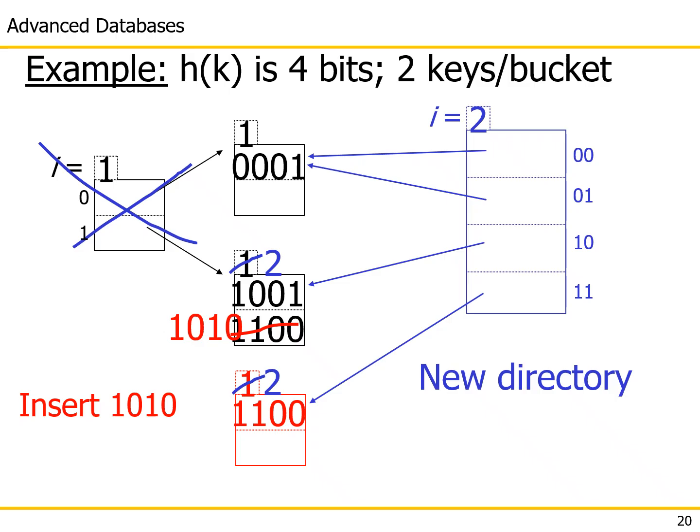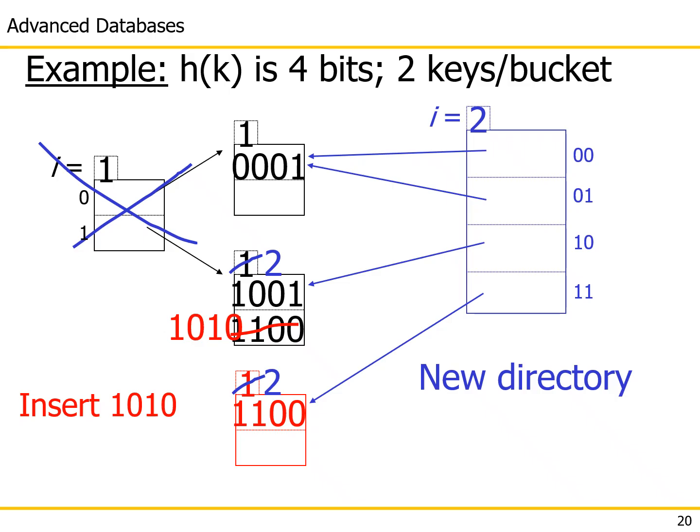And the second observation, which students will always find a little bit confusing, is about the two arrows that are pointing to the first page. How do they know that this is correct? How do they know that the first page has the first bit 0? Well, before we incremented from I equal to 1 to 2, the first cell, 0, in the directory on the left was pointing to that page, so we know that this starts with a 0.